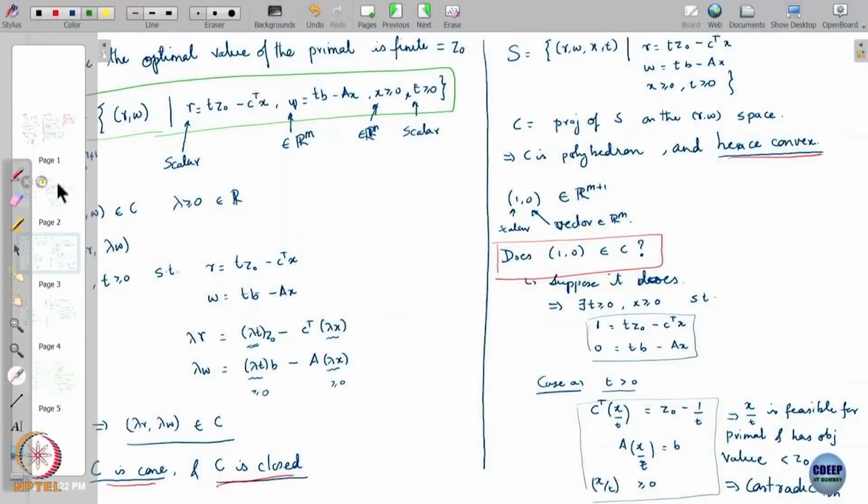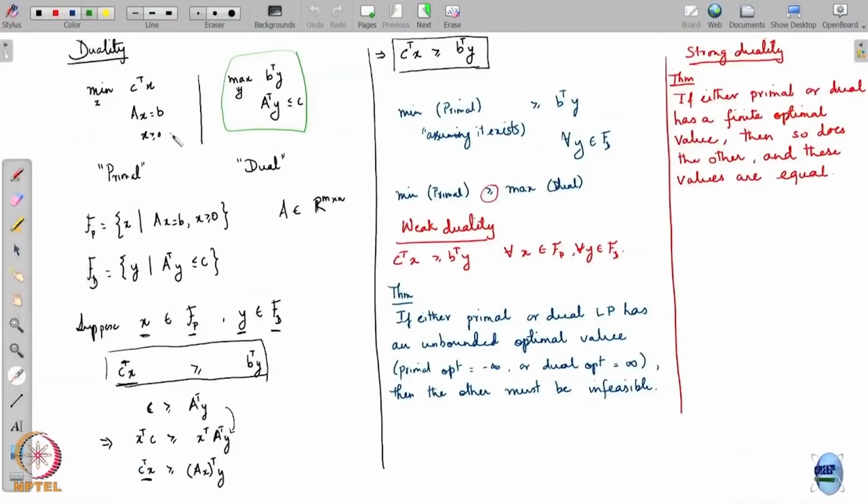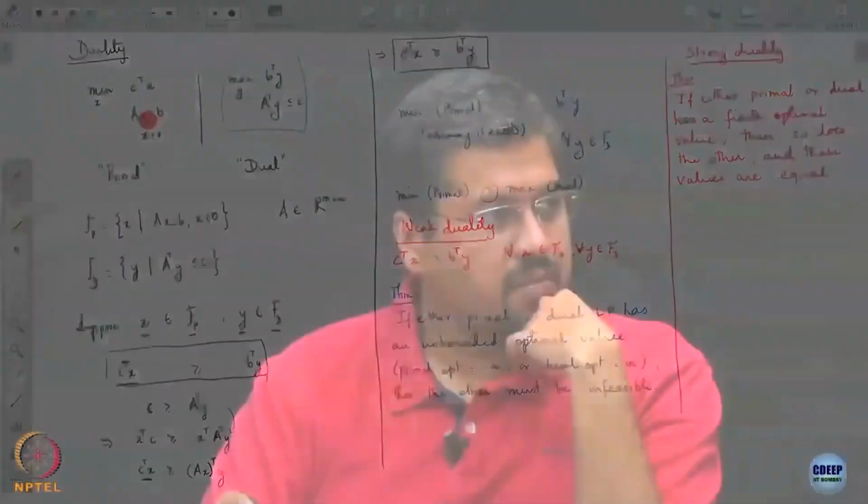And how many variables are there in the dual? You go back and see that there are as many variables in the dual as there are constraints in the primal. Every constraint in the primal gets one dual variable, and every constraint in the dual gets one primal variable.